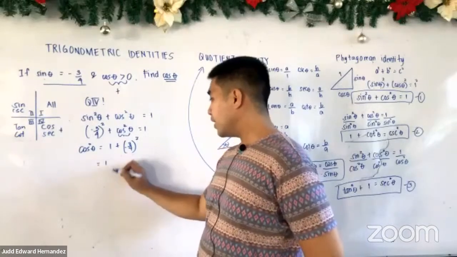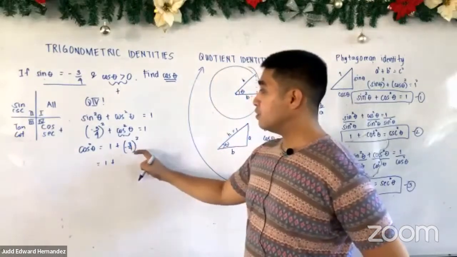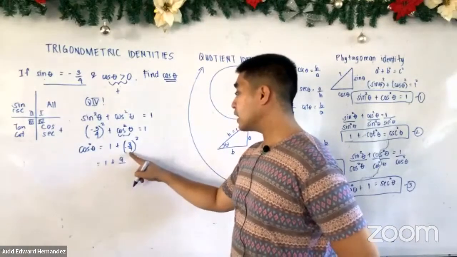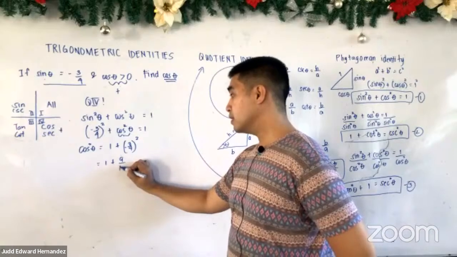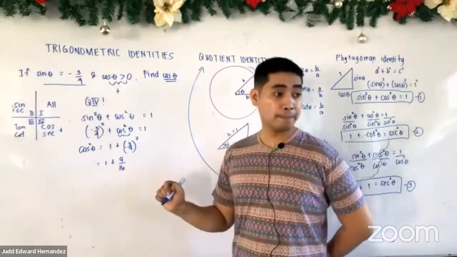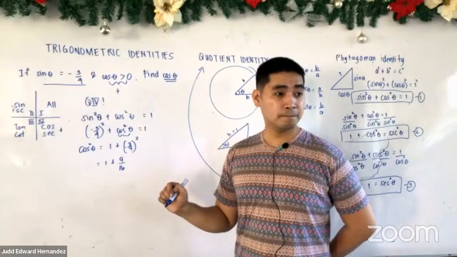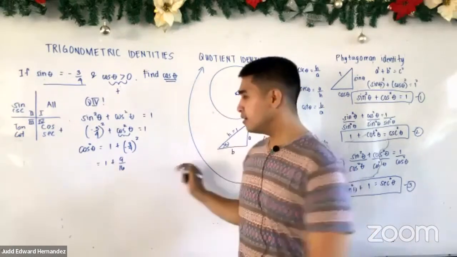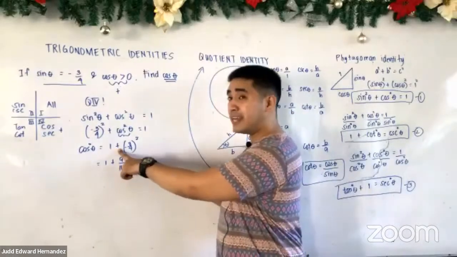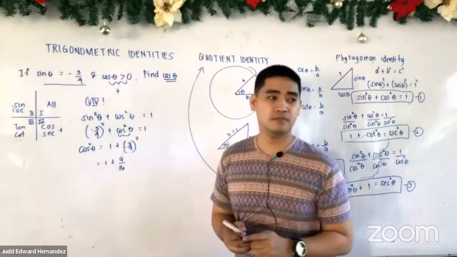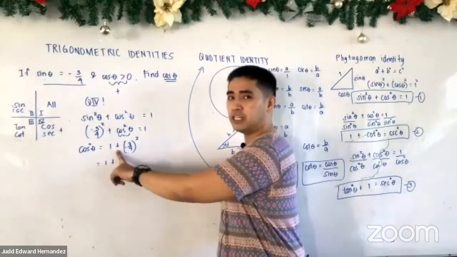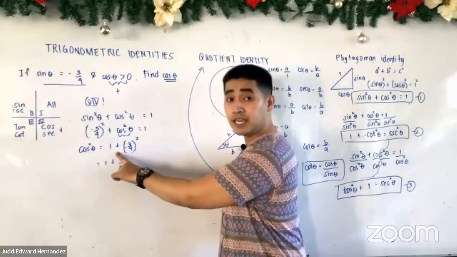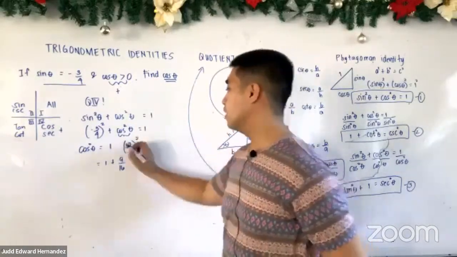Simplify, this becomes 1 plus negative 3/4 squared, that is negative 3, 9, negative 4, that is 16. Tama po ba? Hindi kaya dapat negative to? Since this is positive, nilipat natin sa kabila, this must be negative. Negative. Okay?